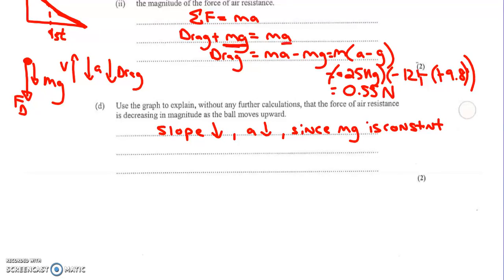So if my a is going down, the only thing that could change on the left-hand side of the equation is the drag. So it's this series of logical arguments. The slope is going down. That means my acceleration is going down. mg is constant. Therefore, drag must be going down. Okay? And you have to have all of that in there in order to get this correct.